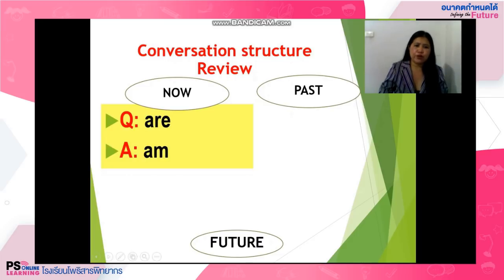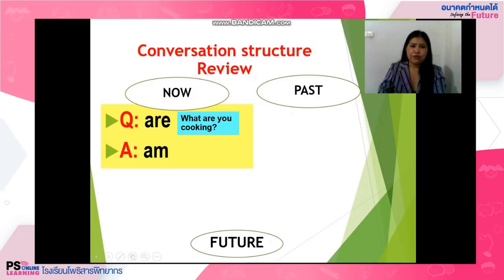For the question, we use the verb are, and when you answer you have to use am. For example, what are you cooking? We used are, and then the ing form of the verb. And when we answered, we used I am and then cooking, the ing form.